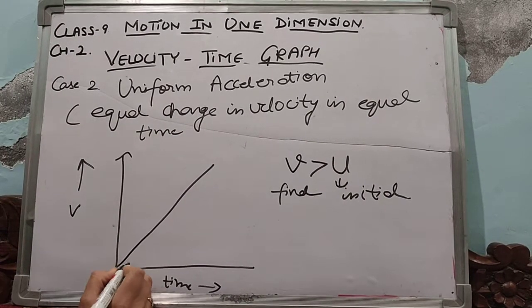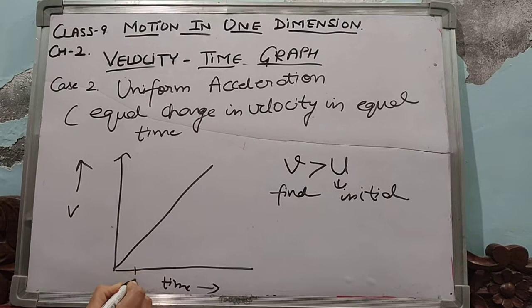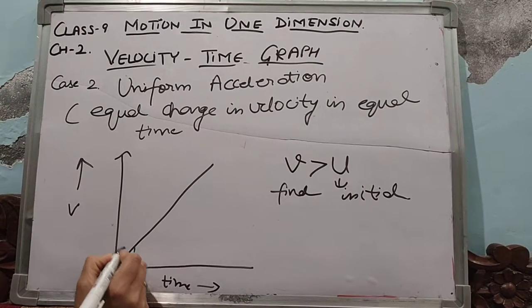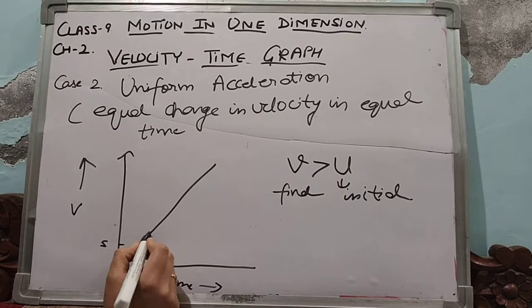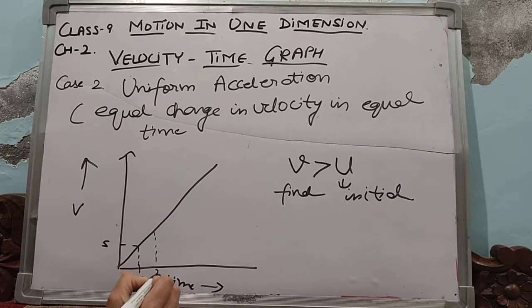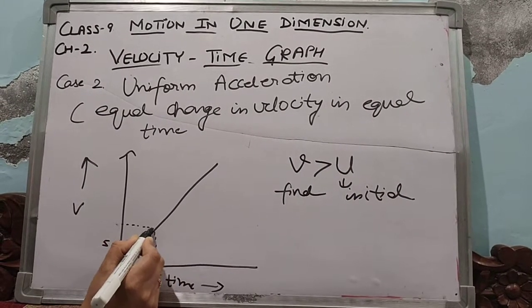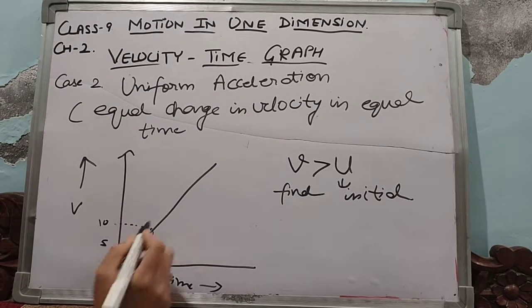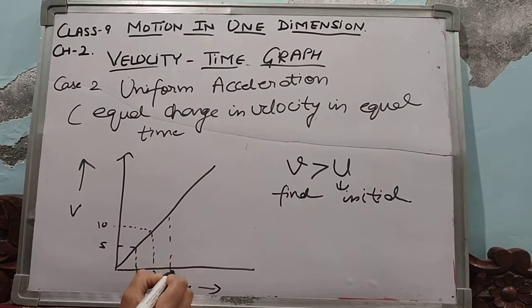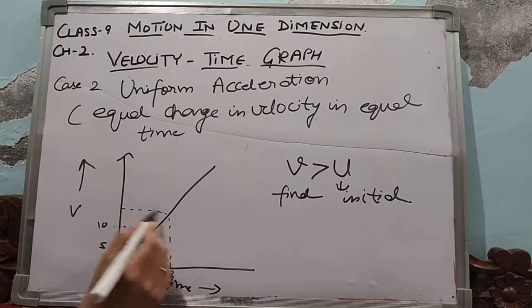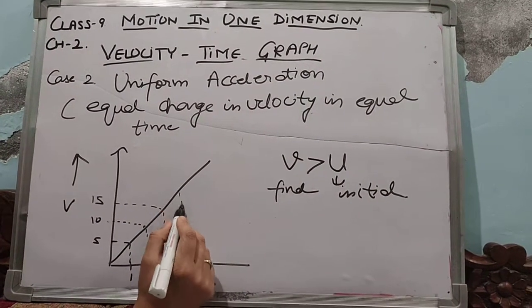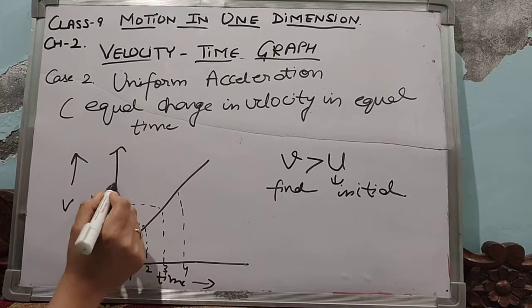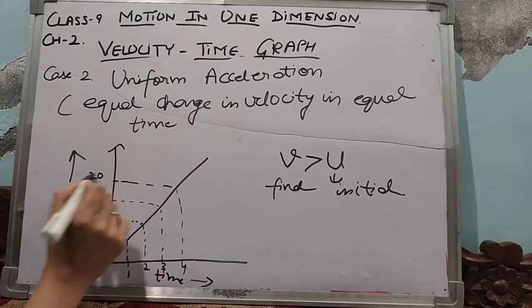Let us say that for time t equal to 1 second, the velocity of a body is 5 meter per second. For time t equal to 2 second, the velocity is 10 meter per second. As time increases to 3 second, velocity also increases to 15 meter per second. For time t equal to 4 second, velocity is equal to 20 meter per second.